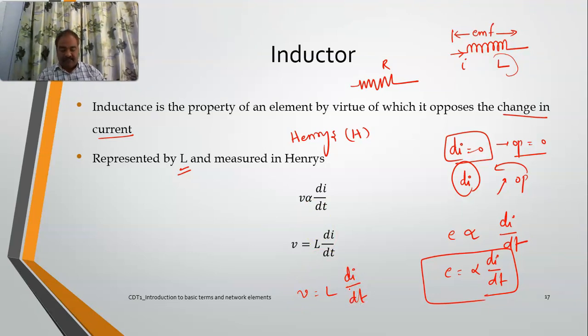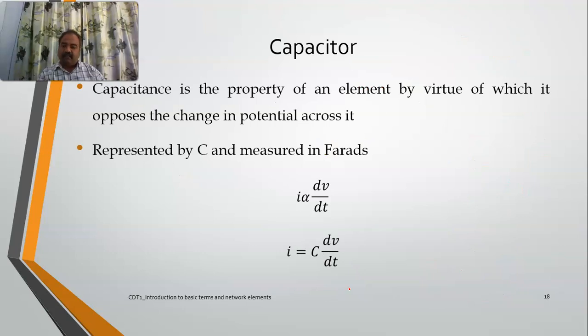Okay. The next one is a capacitor. Your resistor opposes the flow of current. Your inductor opposes change in current. But a capacitor opposes change in potential across it. It is represented like this: one is a straight line, the other is a little bit curved. Some textbooks use both equal, but normally this is the representation: one curved, one straight.